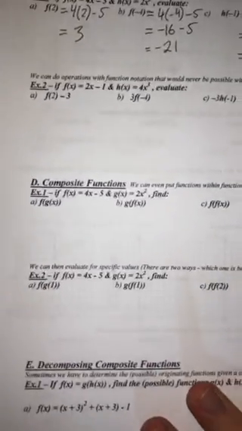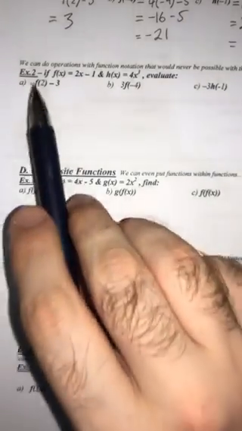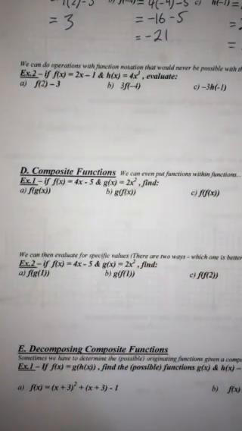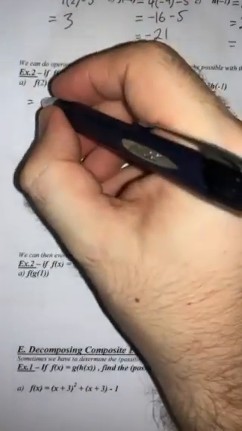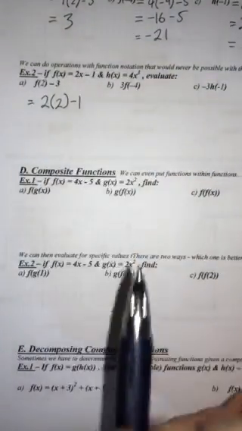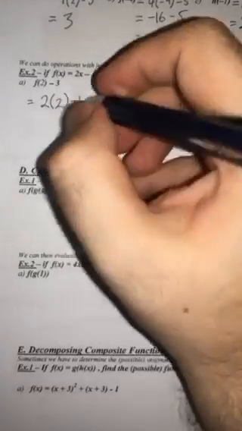Let's try now, we're going to do something in addition to that function. Here we've got f of 2, but now we're going to subtract 3 from that. So this is going to be equal to 2 times 2 minus 1. That's the f of x. Then, in addition to that, I am now going to subtract 3.